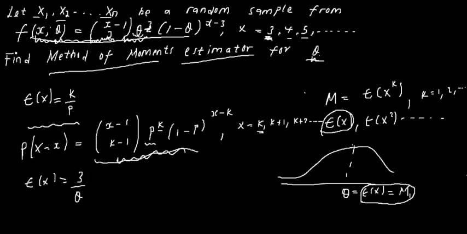But notice that we want to find the estimator for theta, so we can't leave our answer here. What we need to do is say this expected value is equal to x bar, the mean.